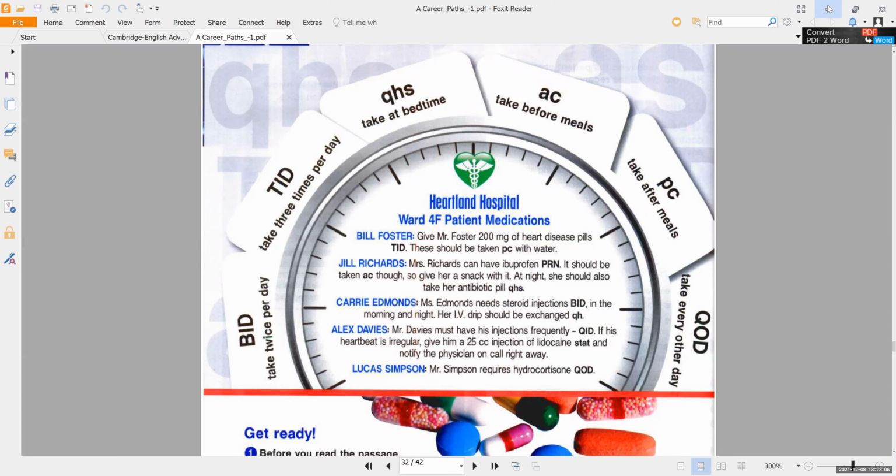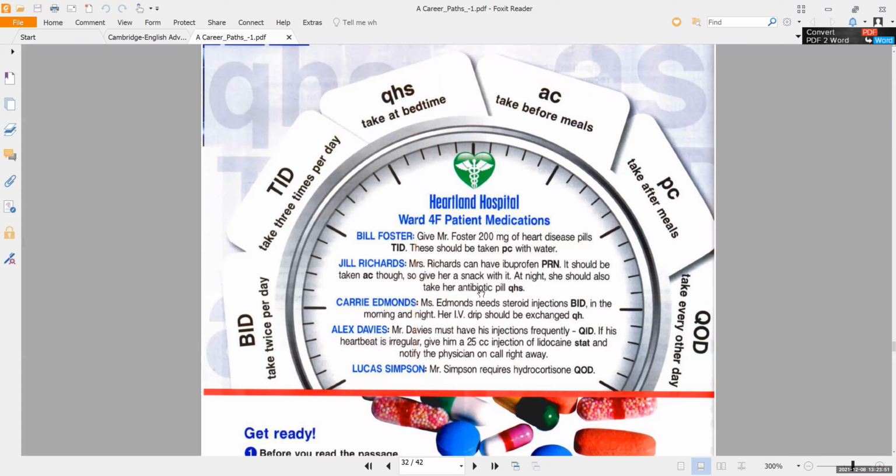Mrs. Richards can have ibuprofen, PRN. It should be taken AC though, so give her a snack with it. At night, she should also take her antibiotic pill QHS. Carrie Edmonds. Miss Edmonds needs steroid injections BID in the morning and night. Her IV drip should be exchanged QH. Alex Davis. Mr. Davis must have his injections frequently QID. If his heartbeat is irregular, give him a 25cc injection of lidocaine stat and notify the physician on call right away. Lucas Simpson. Mr. Simpson requires hydrocortisone QOD.